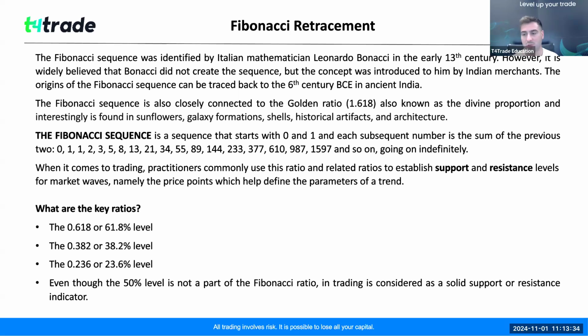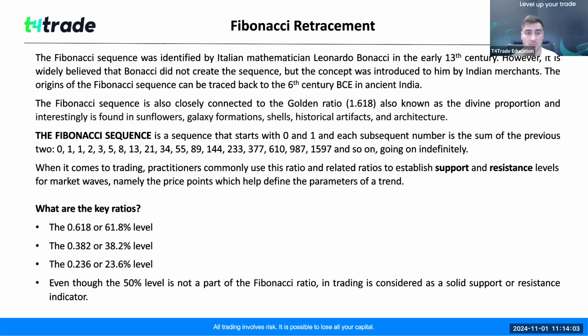So what is this ratio and how can we extract it? It stems from the Fibonacci sequence, which is a series of numbers that starts with 0 and 1 as the primary components, and all the others are extracted from these. How, you may ask? Each subsequent number is the sum of the previous two. You start with 0 and 1, add them together, and you get 1.